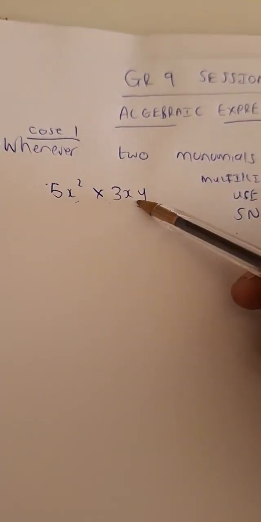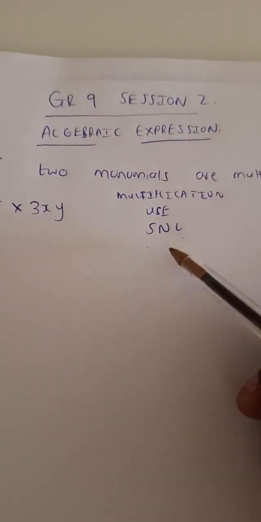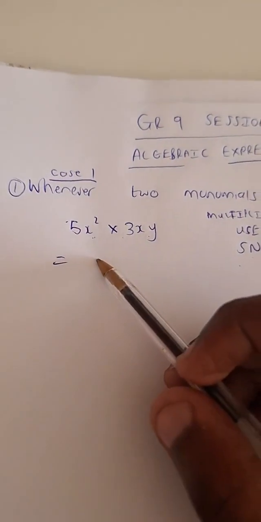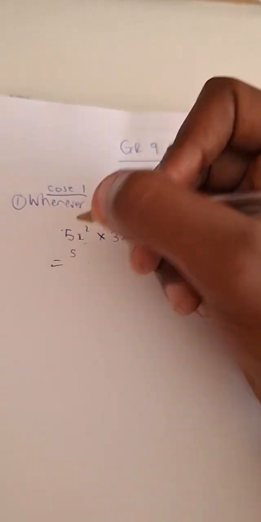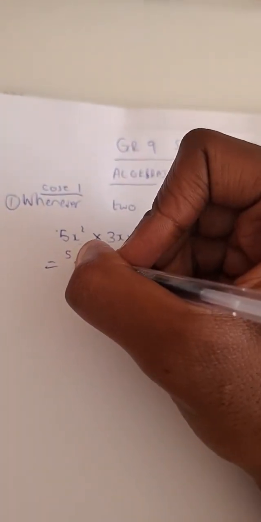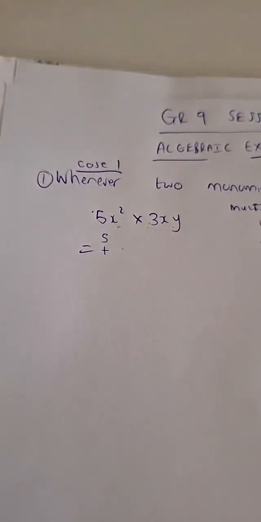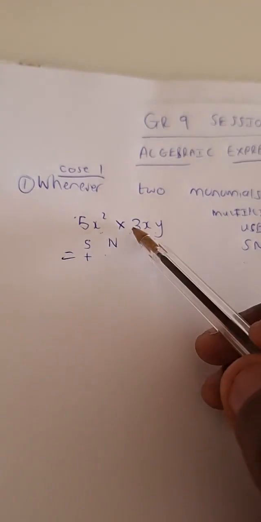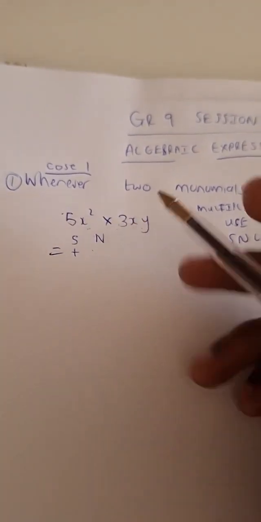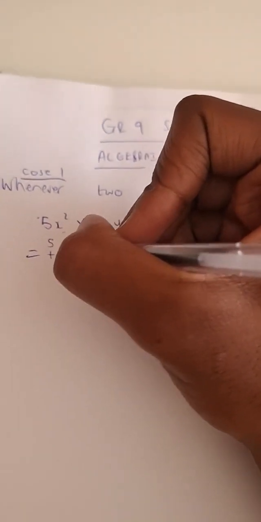This is 5x squared, this is 3xy, but multiplication can happen using SNL. So when we multiply, guys, the sign: this is a positive number, this is a positive number. What is a positive times a positive? So our sign is positive. Next, the number. This is 5, this is 3. What's 5 times 3? It is 15.